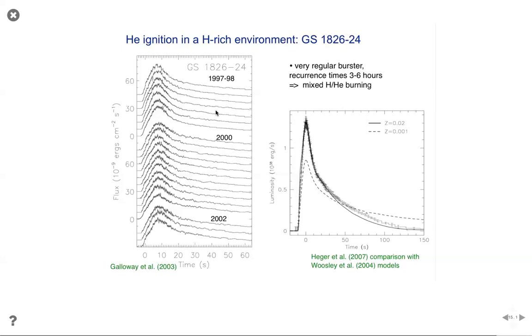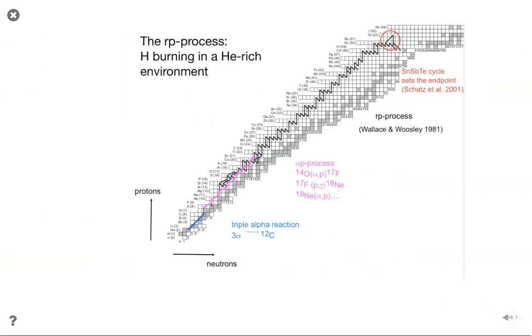It was tuned up; parameters were adjusted to reproduce this observational data for the X-ray burst GS 1826-24. As you can see, this is what we also reproduce with the MESA code on the right panel here.